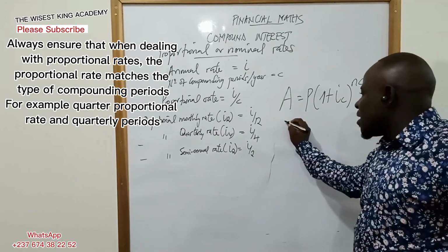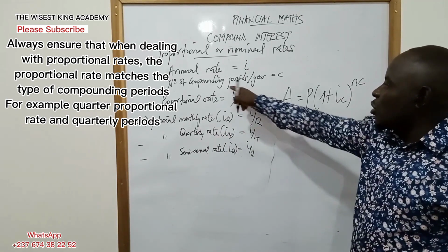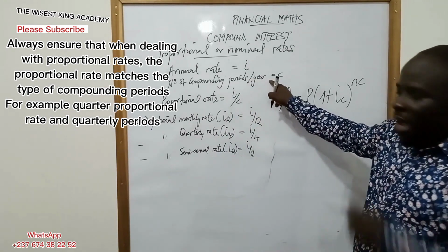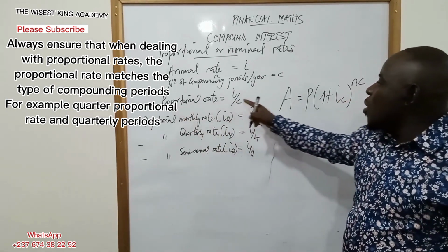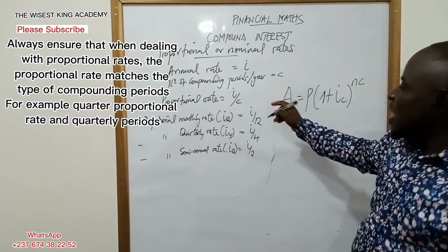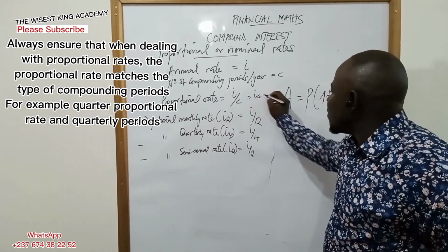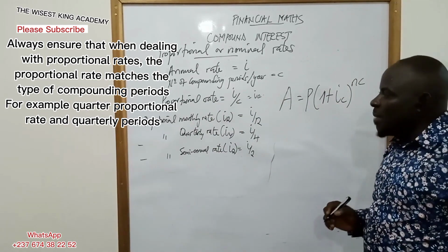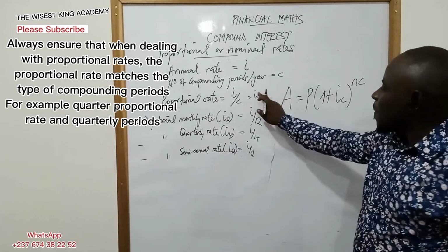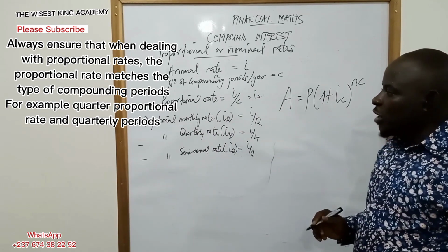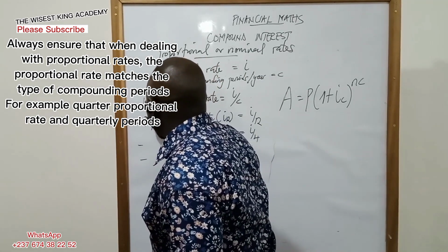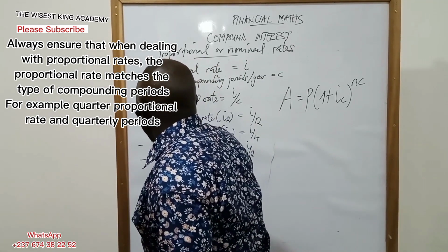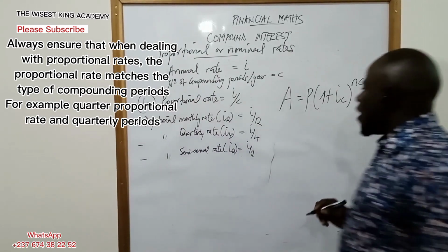Now, what is C? C is still on the board: the number of compounding periods per year. What is IC? IC is the proportional rate, which is I divided by C. That's a proportional rate.